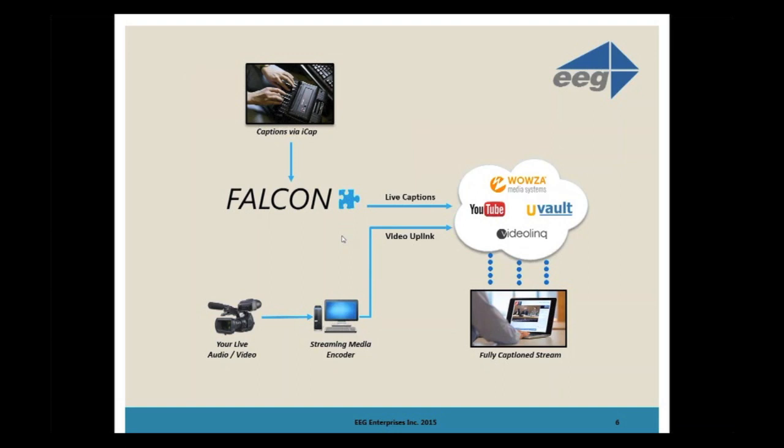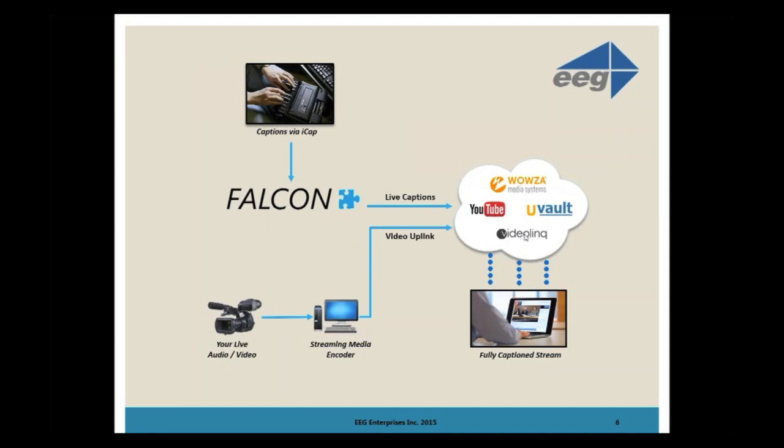So really, Falcon is something that addresses a problem and allows you not to use the physical encoder in a place where you don't need to encode any captions locally to the broadcaster site or the event site, and what you're just looking to do is broadcast captions direct to a web streaming event.